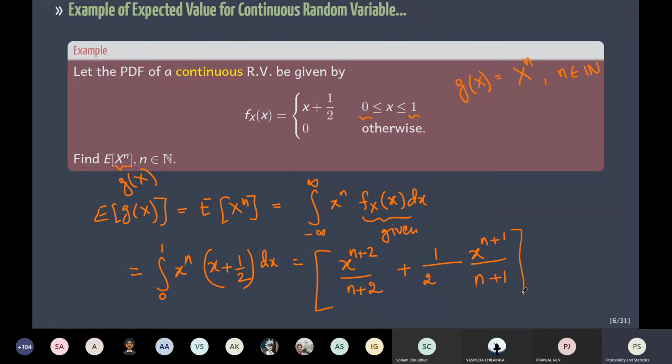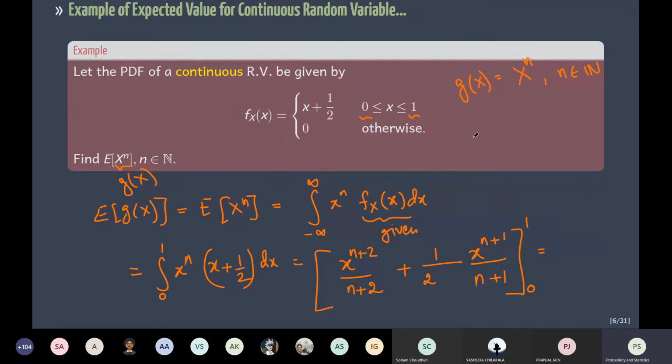This is the integral from 0 to 1. If we put in the values, in place of x we put 1, so it is 1 by n plus 2.